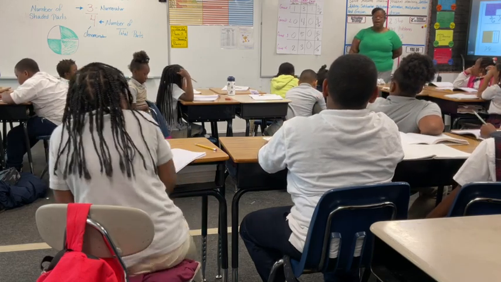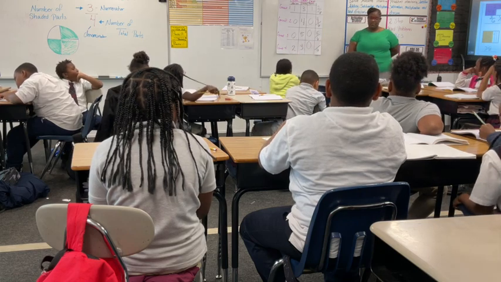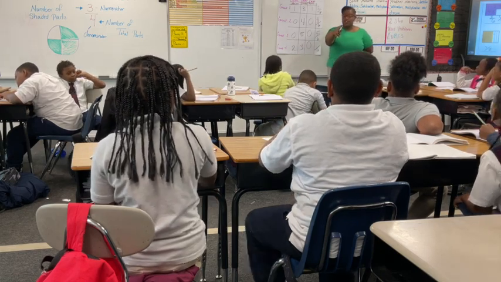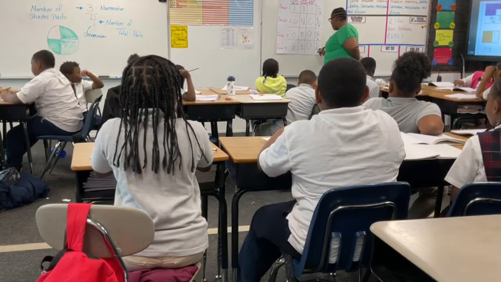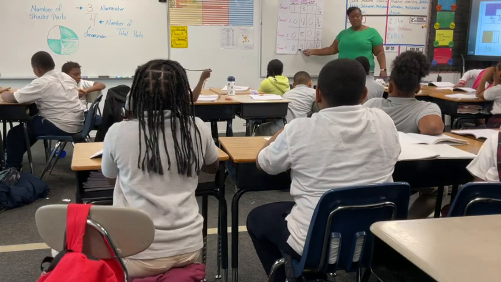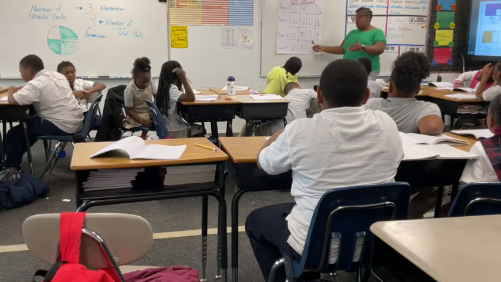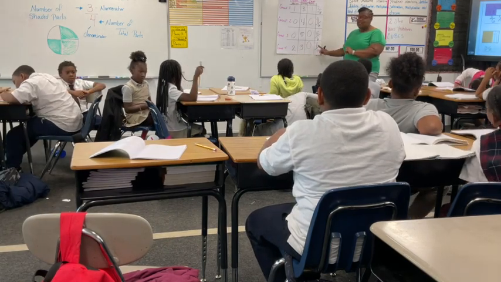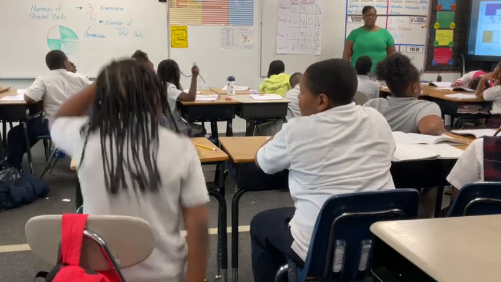How many parts is not meat lovers or cheese? 1. So the fraction will be 1/6. Good job. Because you have 5 that are meat lovers and cheese, but you only have 6 slices. So there's only 1 slice that's nothing, right? 1/6. Good job.